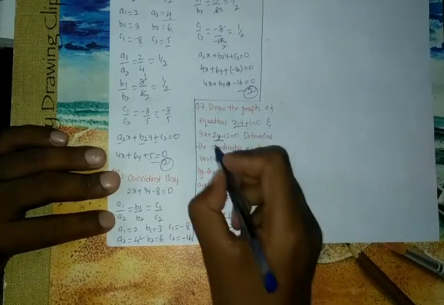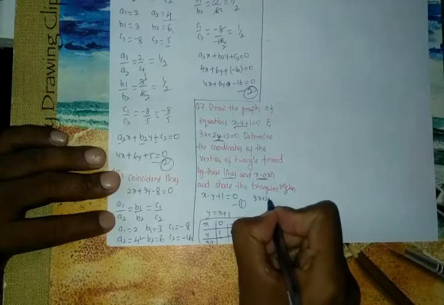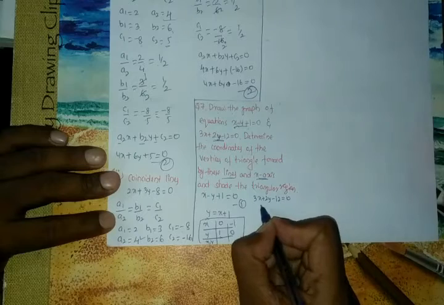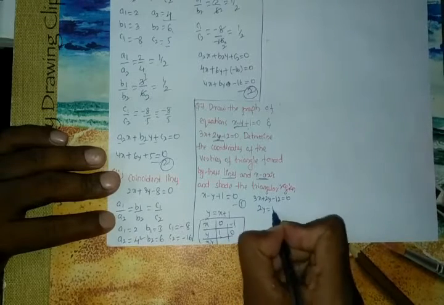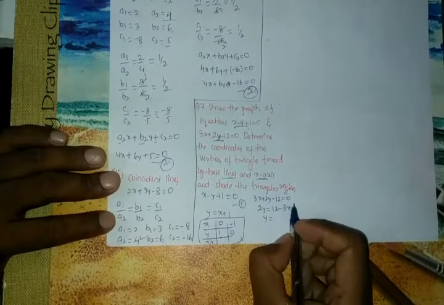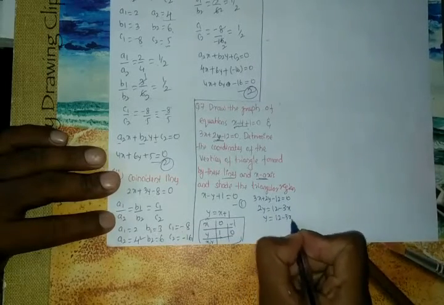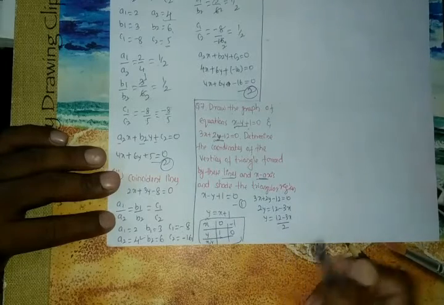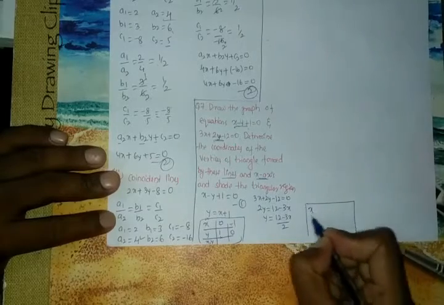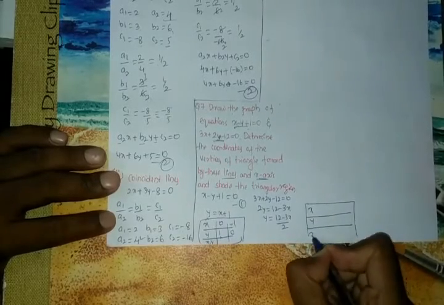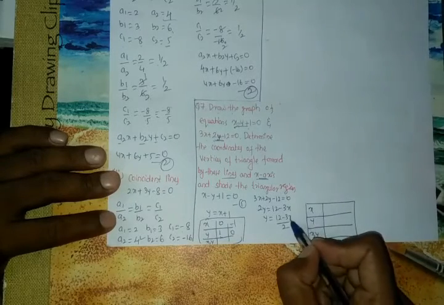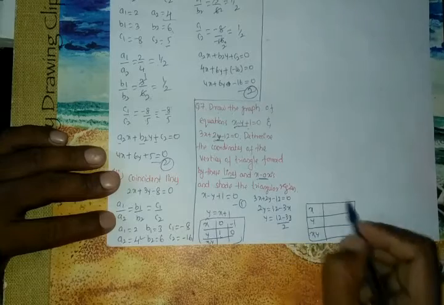And for the second equation, which is 3x plus 2y minus 12 equals to 0, 2y is equal to 12 minus 3x, or y equals to 12 minus 3x upon 2. In the table I will have x, y and x comma y. In the same way, I will make x 0.